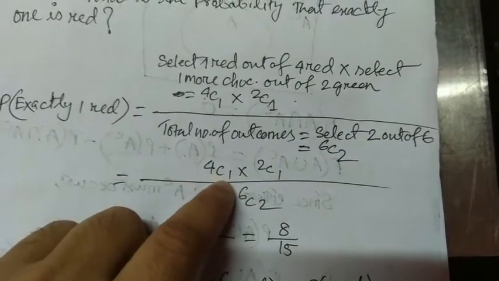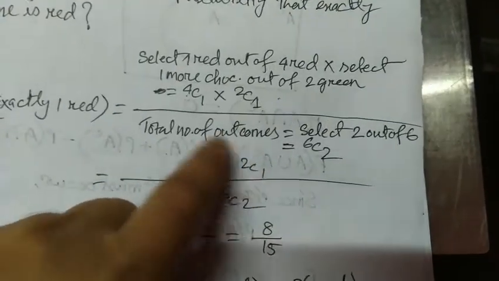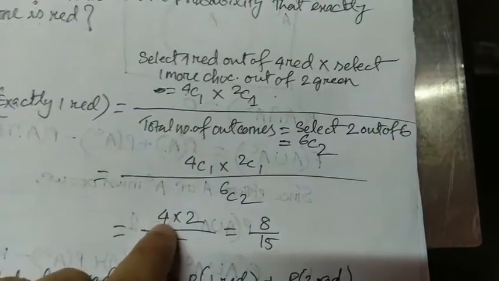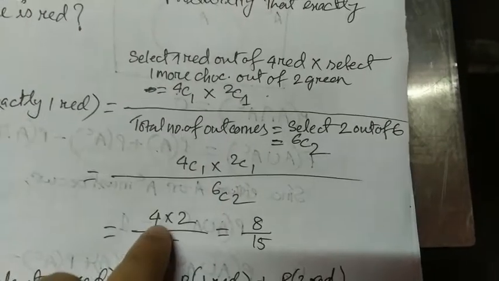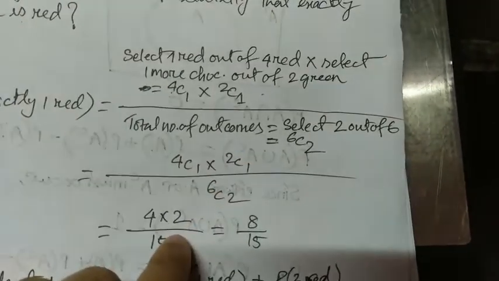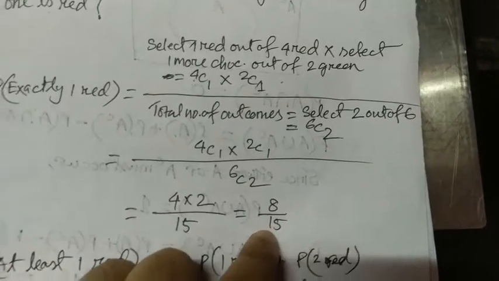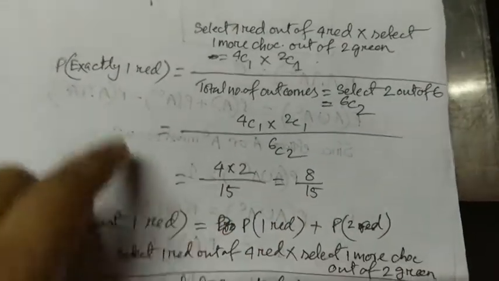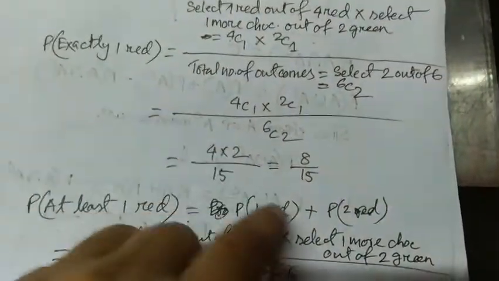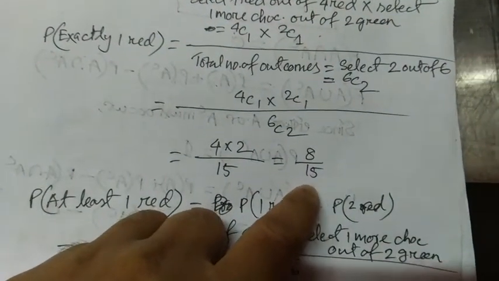Like that, if you solve all these, this one is equal to 4, this one is 2, and 6C2 means 15, so the answer is 8 by 15. So probability of exactly one red is 8 by 15.